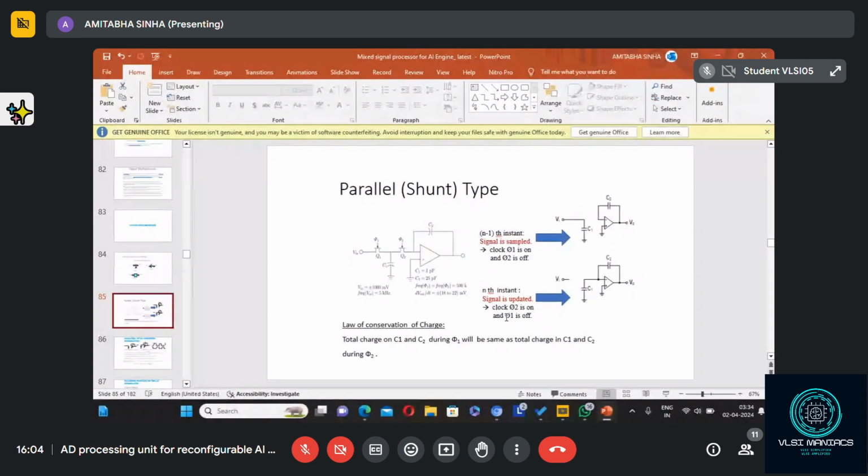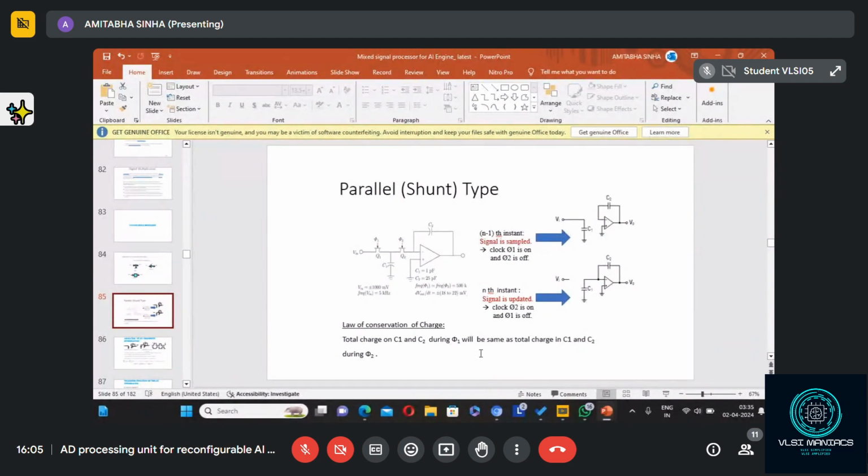And when the next instant comes, initially we were defining the n minus 1th instant, so now it will be the nth instant. In the nth instant, let's say phi 1 is off and phi 2 is on. So what is going to happen? Equivalent circuit is like that, isn't it? C1 was already charged, and in that condition, this is... So these are the two diagrams. Okay.